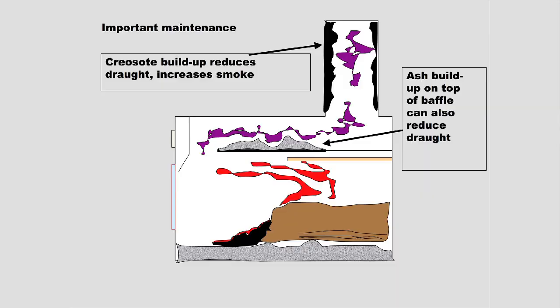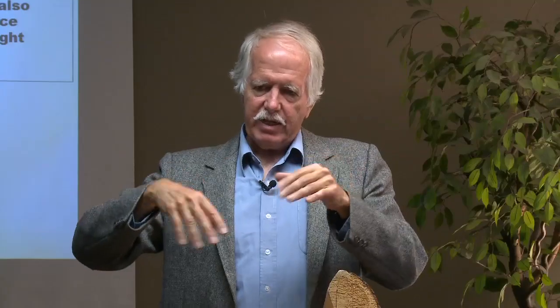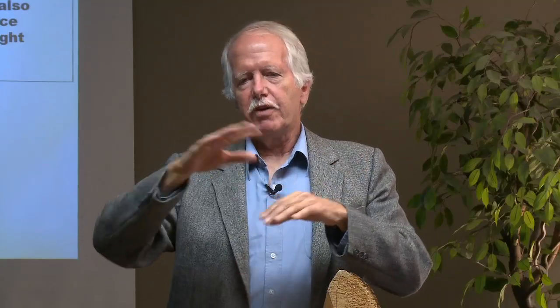The other thing which people are less aware of is that ash can build up on top of the baffle plate. Most wood heaters have a horizontal baffle plate, and some ash gets carried up and collects on top of the baffle. It doesn't happen very quickly, but over a full heating season you can get quite a lot of ash on top of the baffle in some designs of heater.